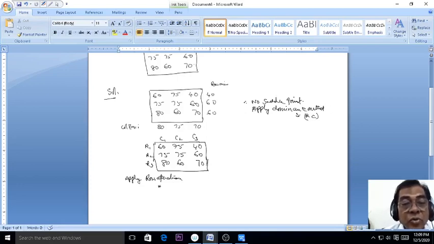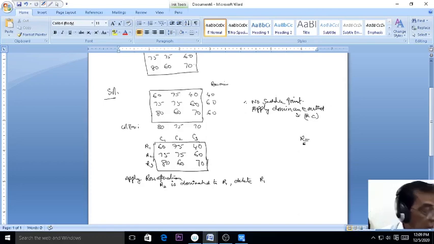See, R2 is dominated by R1, so delete R1. It means in a row operation, always select the minimum values.